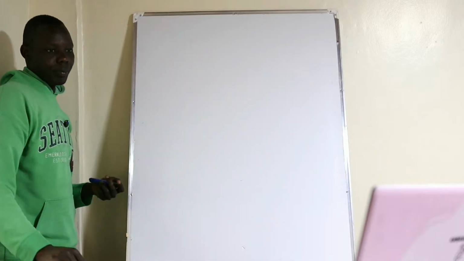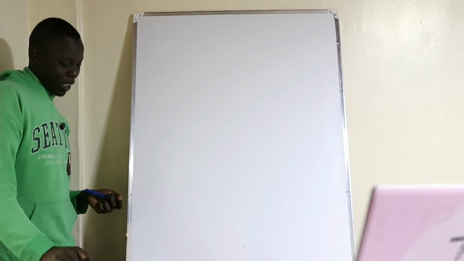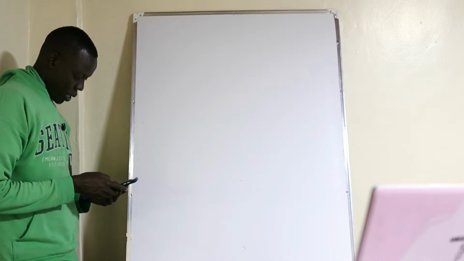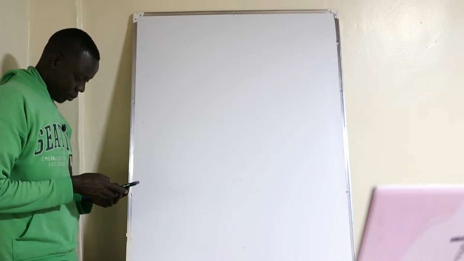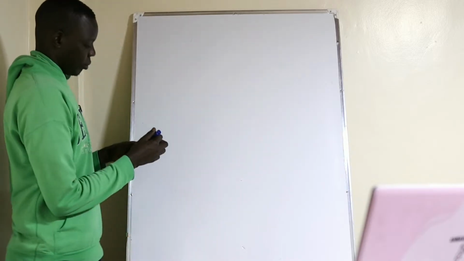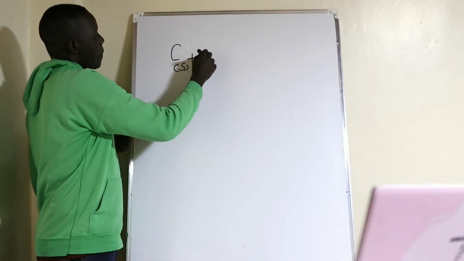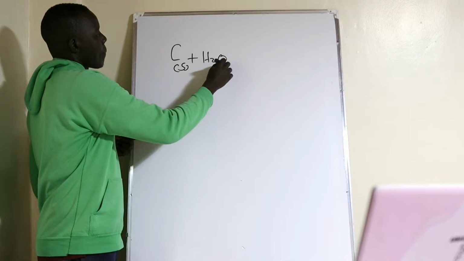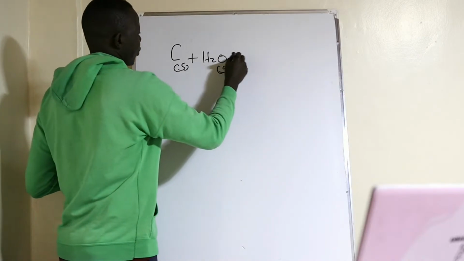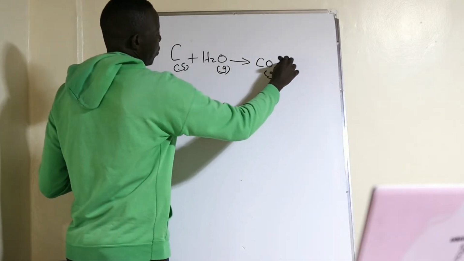I believe the 1 minute I've given you is enough. Carbon plus steam. Steam is a gas. Don't make the mistake of writing liquid. It will give us CO, a gas, plus hydrogen gas.